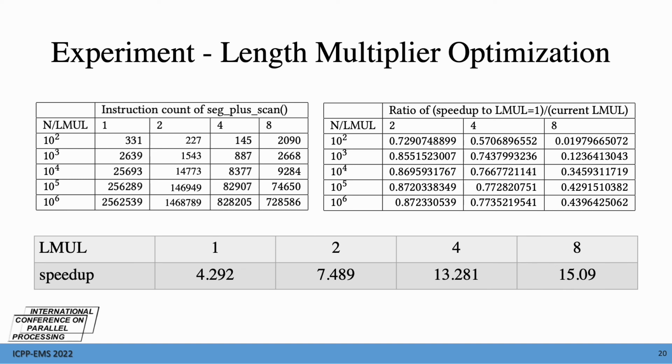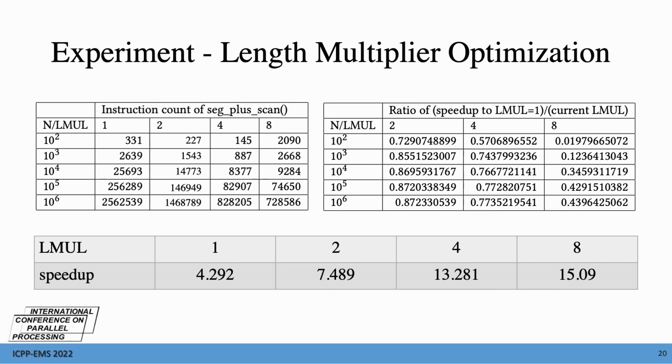Using the vector grouping feature of RISC-V can increase the vector register length and result in better performance. However, larger LMUL is not always a better choice. The table on the right-hand side shows the ratio of the speedup to the current LMUL. Ideally, the value is 1, indicating the performance can scale across different vector grouping configurations. However, this is not always the case. In our experiment, when LMUL gets larger, the speedup does not keep up with it.